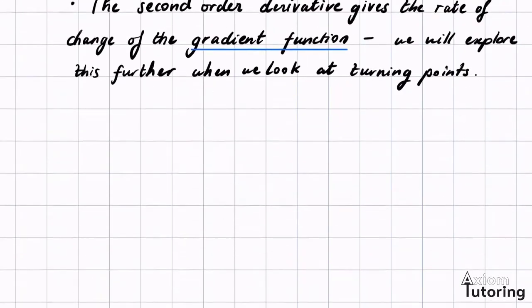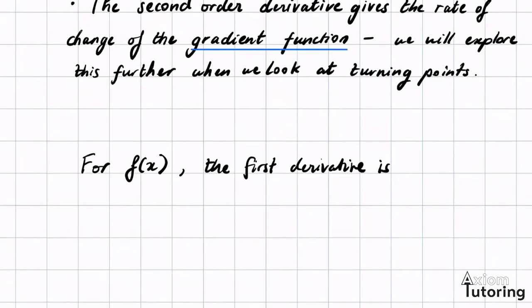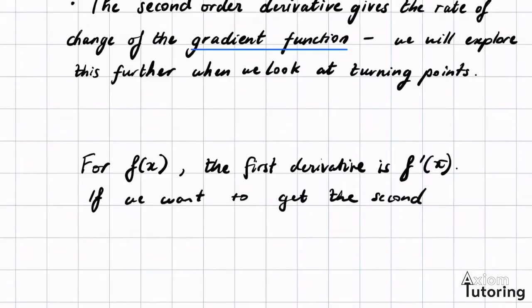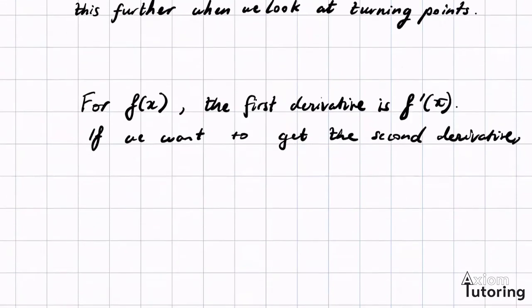We can also break that down a bit further because let's say for f of x, the first derivative is f dash of x. If we wanted to get the second derivative, then we could just differentiate the first derivative once more.